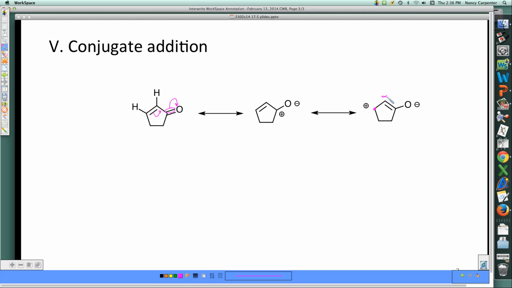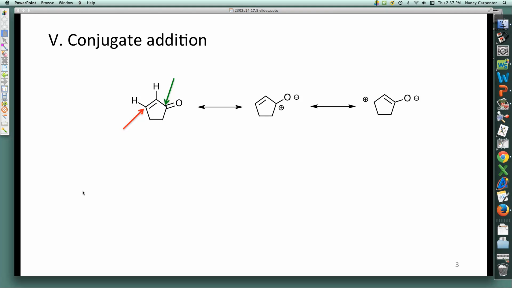That carbon is the beta carbon because, as we already know, these right next to the carbonyl are the alpha carbons. So the bottom line is, for conjugate carbonyls, or conjugate polar pi bonds, we have two electrophilic sites in our system.